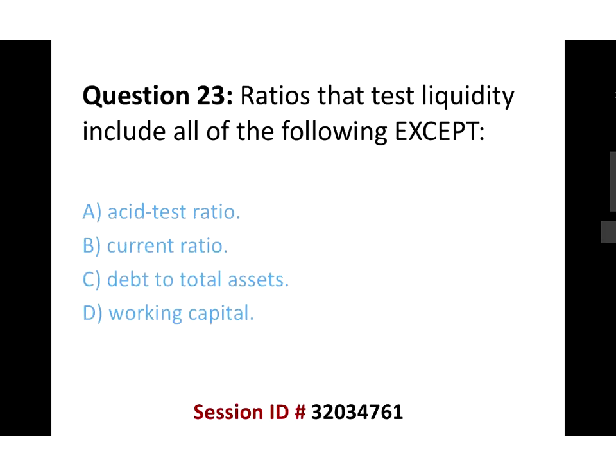Okay, so question 23. Ratios that test liquidity include all of the following except. Okay, and our liquidity ratios are actually at the bottom of page 2 on the handout. The ability to pay current liabilities, that's liquidity.